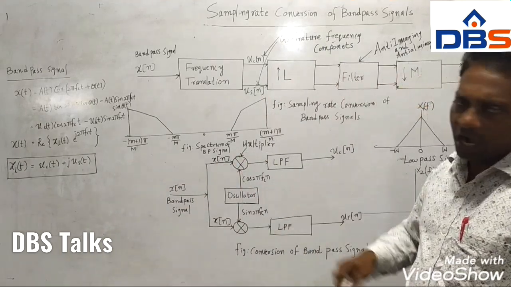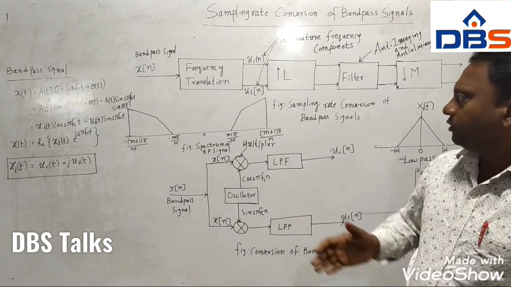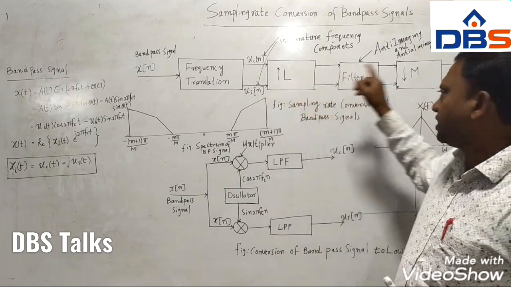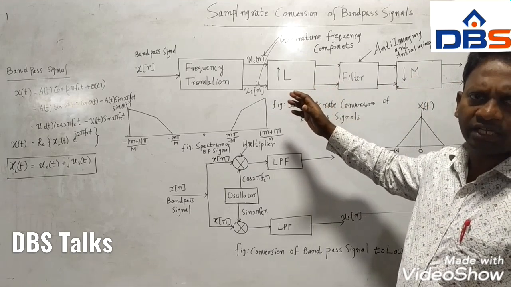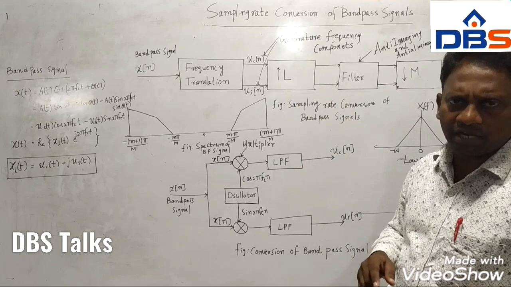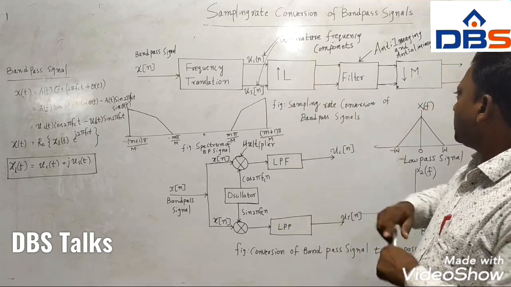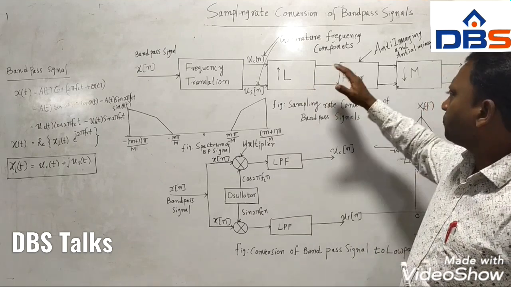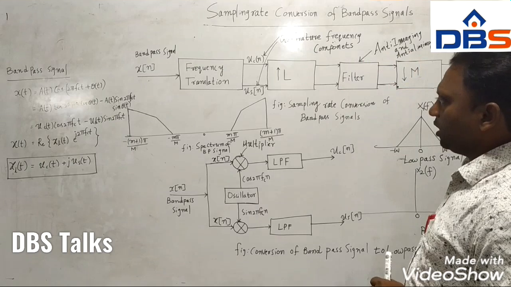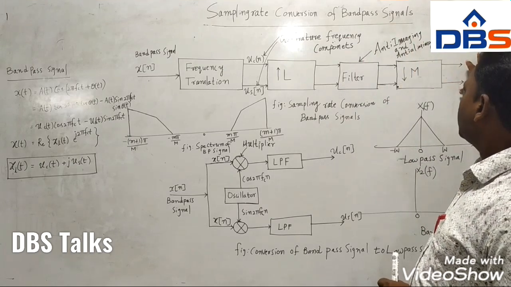After converting to the low frequency, we apply the interpolator and decimator. It is a cascading connection only. We have seen the cascading of sampling rate converters in the previous class. Same thing, we are cascading interpolator and decimator one after the other. So finally the conversion of the sampling rate of the signal occurs here.